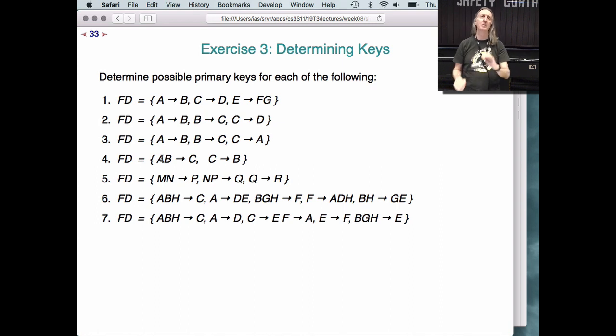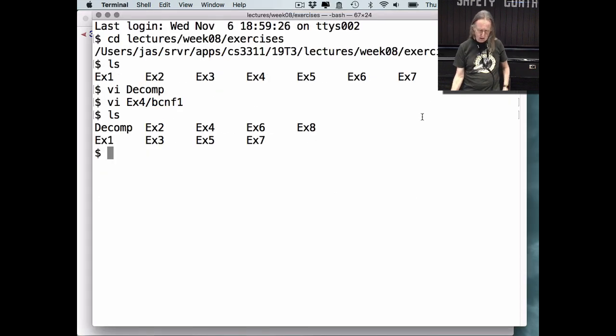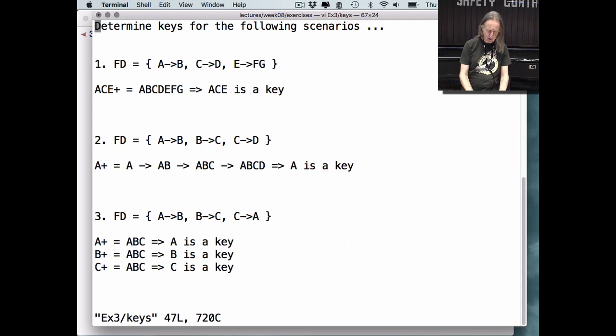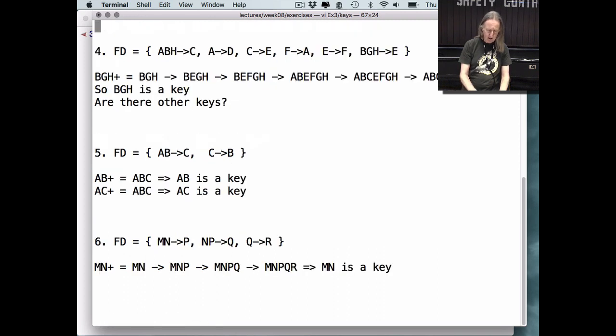A lot of the time when we're playing around just demonstrating how decomposition and so on works, we just give these one-letter attribute names. So imagine that we've got, I think this might be, yeah, beauty. So I looked at those first 3 yesterday.